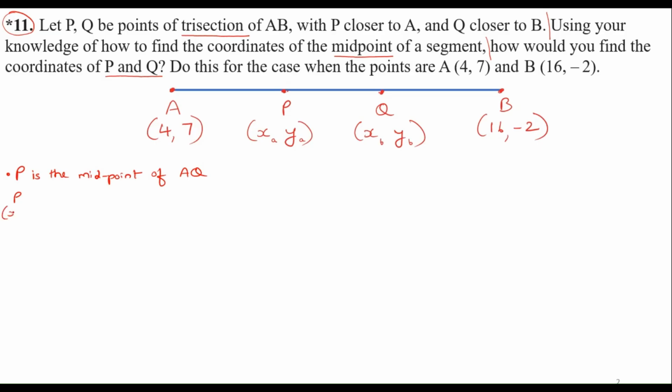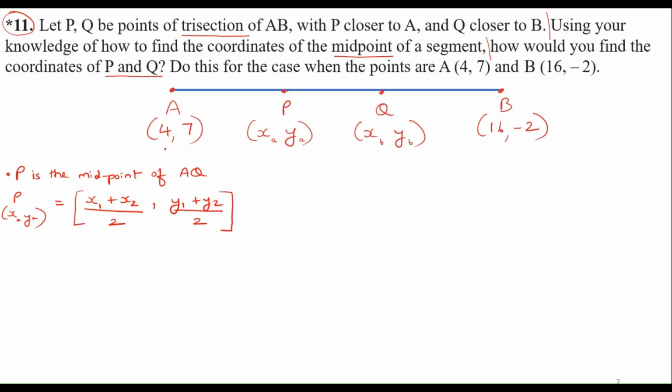For P, I have taken xa and ya as the naming for the P point coordinate, and for the Q coordinate I have taken xb and yb, because the formula is like this, wherein we say (x1 plus x2) upon 2 comma (y1 plus y2) upon 2.